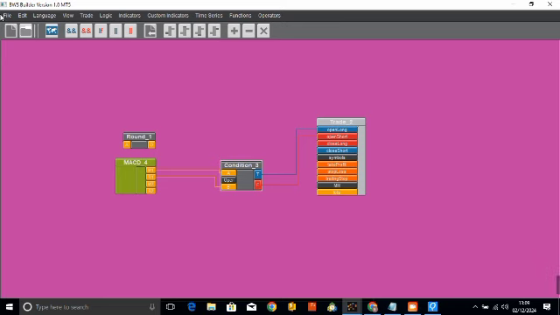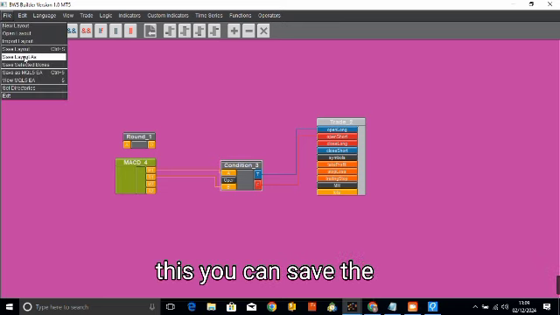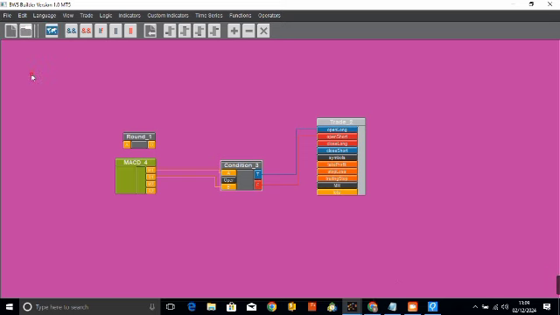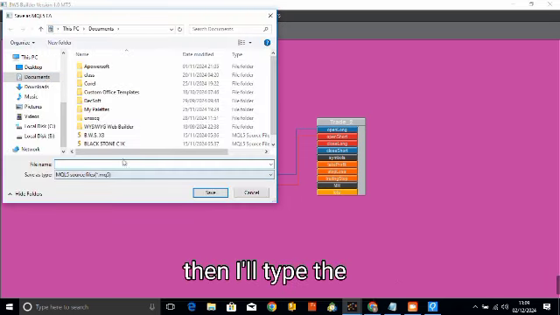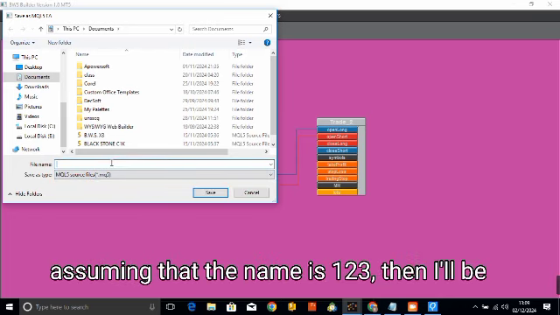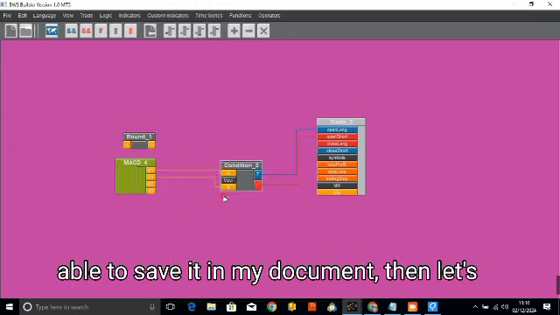You can save this. You can save the layout. You can save as EA. Then I'll type the name of the EA. Let me just assume that the name is 123. Then I'll be able to save it in my documents.